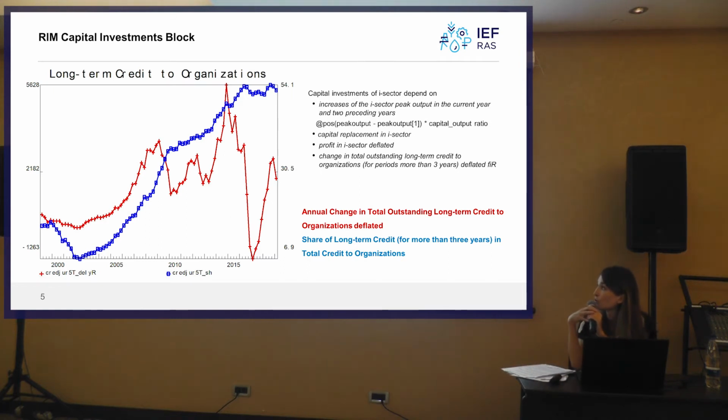One could see that the share of long-term credit in total, its blue line, increased rapidly since 2002. Then after the crisis of 2009, its growth was slower from 2010 to 2013, and then it accelerates again in 2014.